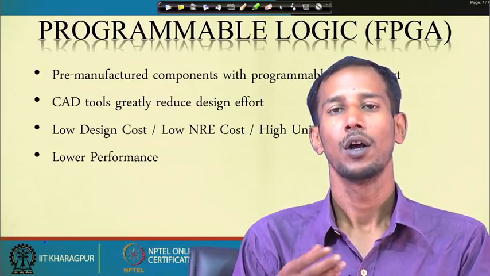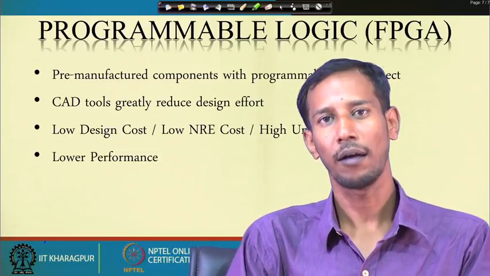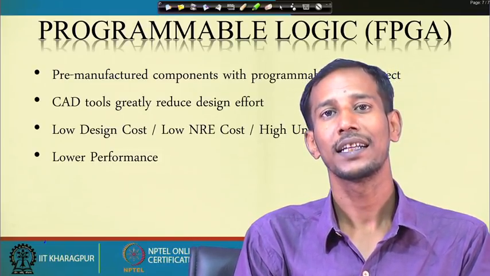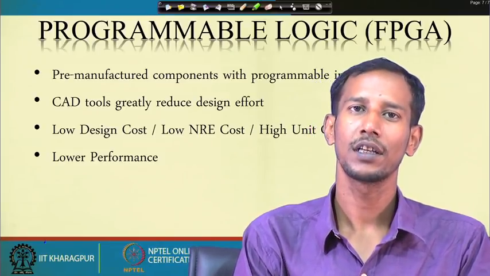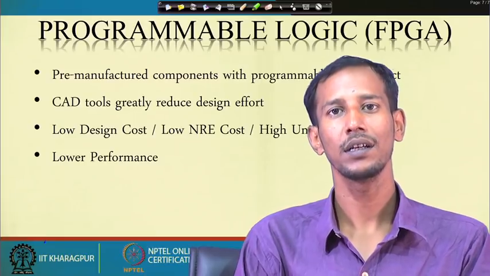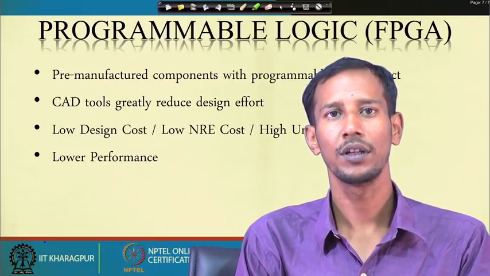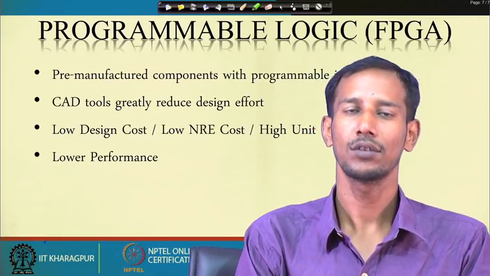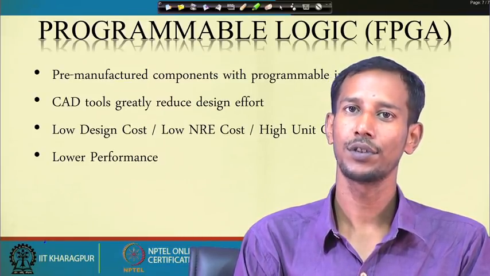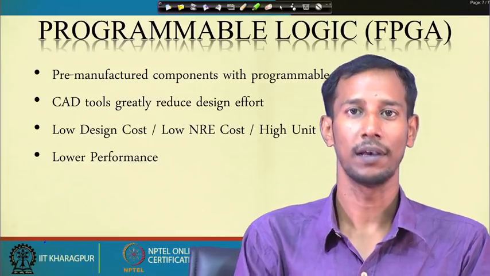That means after manufacture, if you found that somewhere you made a mistake or the design is faulty, you have the scope to revise it, but in case of semi-custom and full custom, you do not have the scope to revise it.